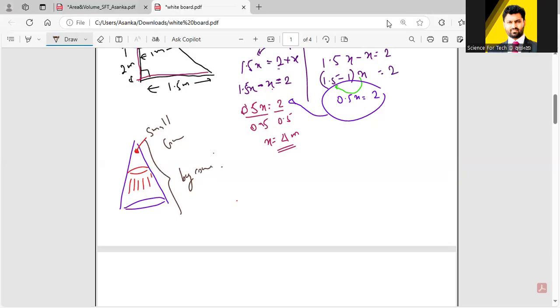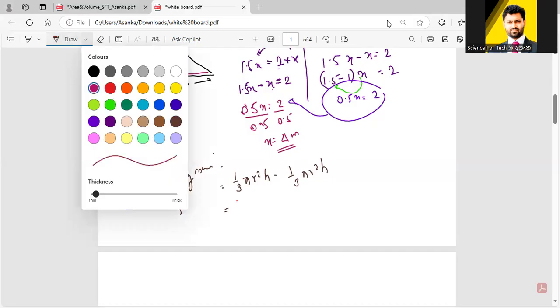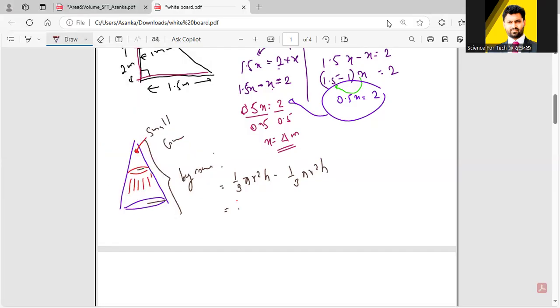So how to find the volume? 1/3 pi r squared h minus 1/3 pi r squared h. I will write R1, R2, H1 and H2.